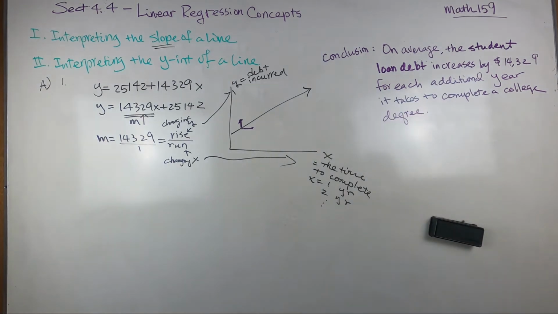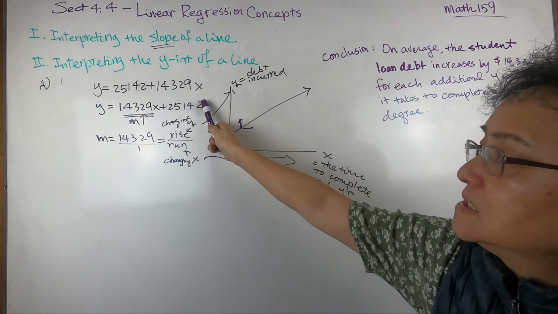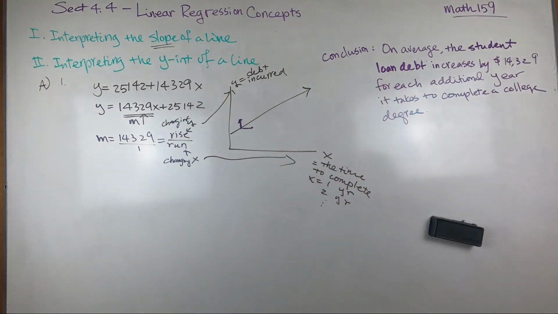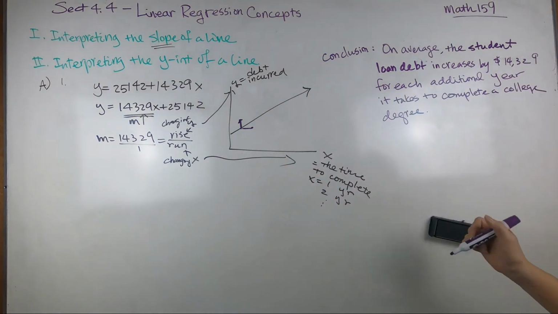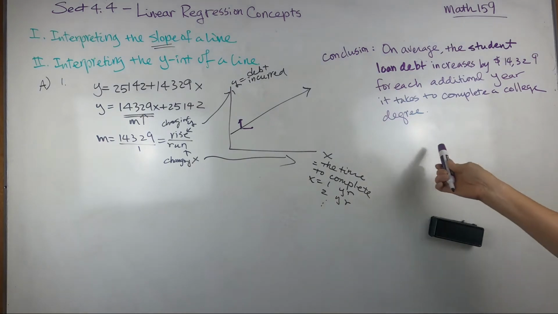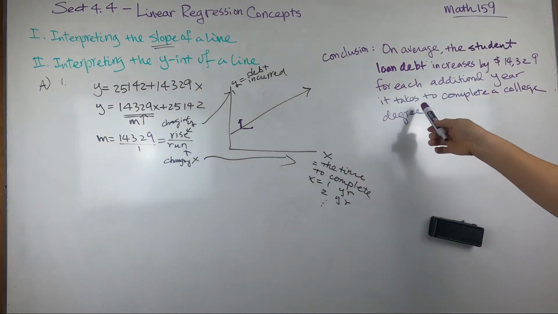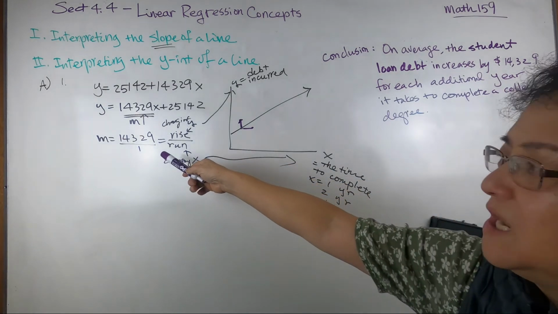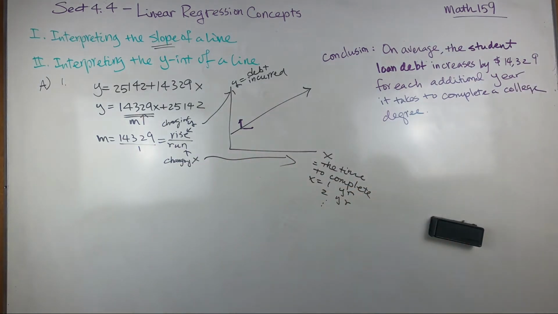So somebody did a study, they did a survey, later on you will learn that in stats. Then to generate this equation, the linear regression line, you can do the prediction. 1 year will cost you $14,329 in debt.